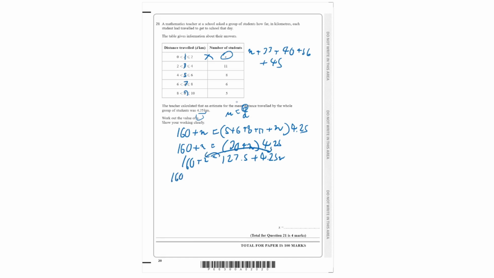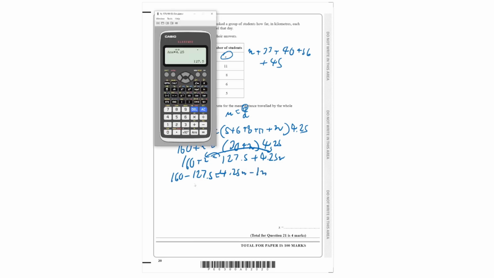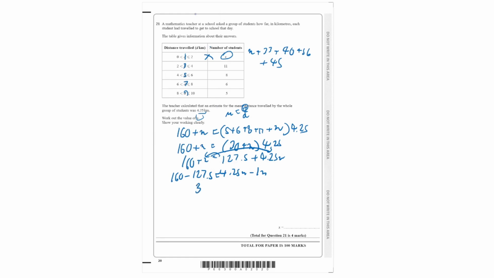So we get 160 minus 127.5 is equal to 4.25x minus 1x. That gives us 160 minus 127.5, our answer is 32.5. 4.25 minus 1 is simply 3.25x.